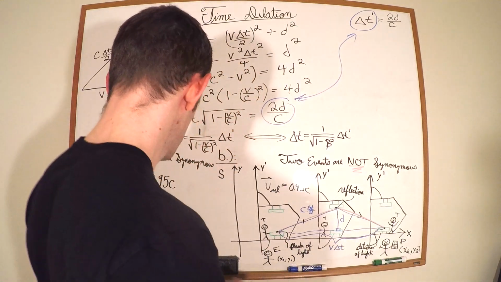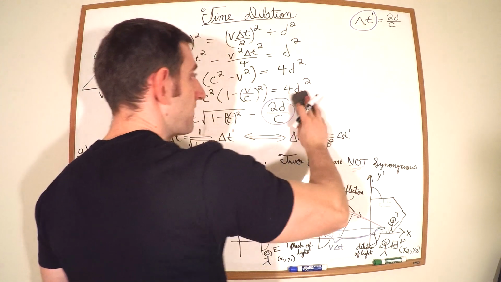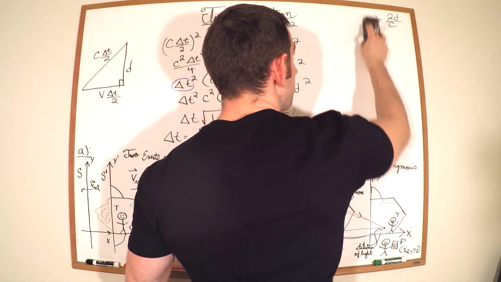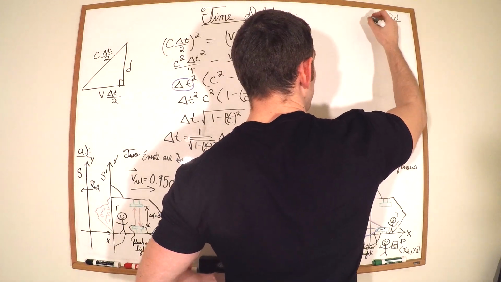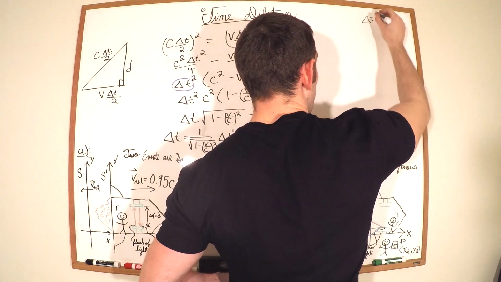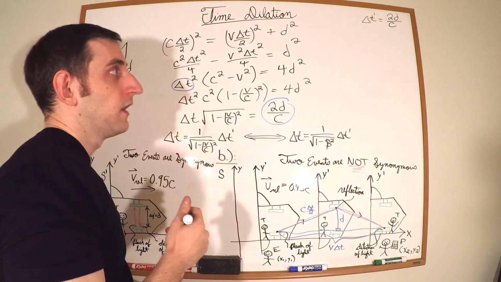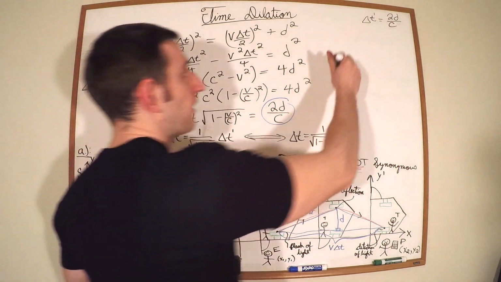And then I'm going to erase this guy and put delta t prime. What I'm going to assert is that we can simplify this a bit more.